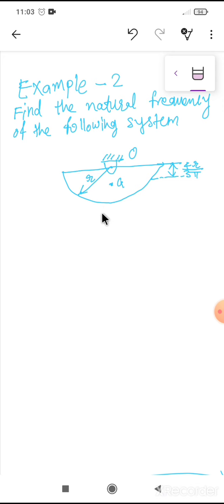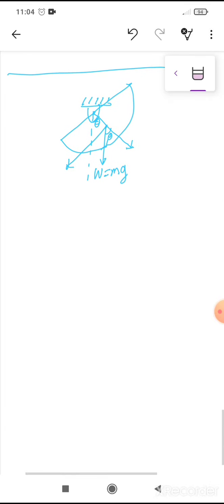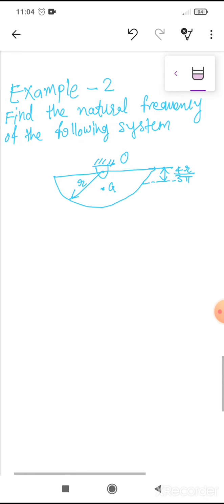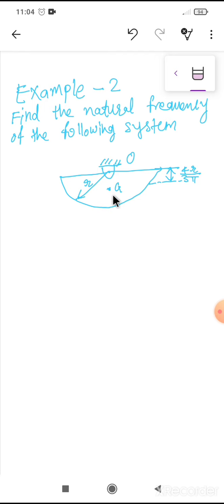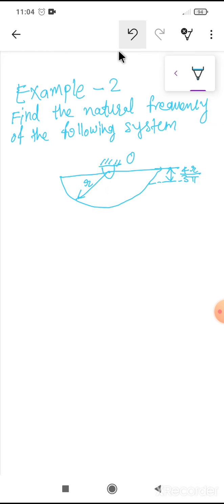So let's take a case. I have drawn here. Suppose this disc is rotating. What all forces will this disc have? The first will be the weight, that is mg.